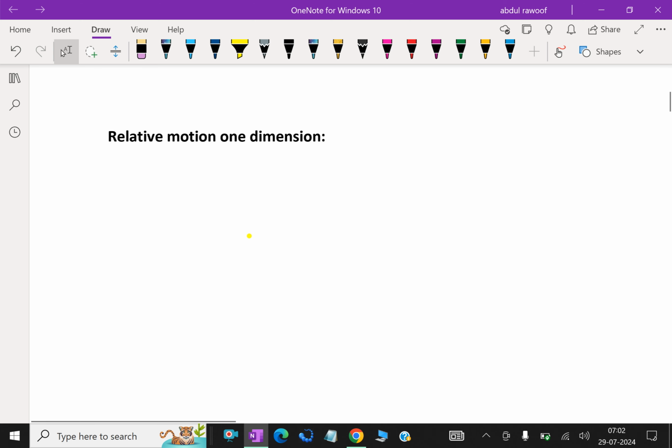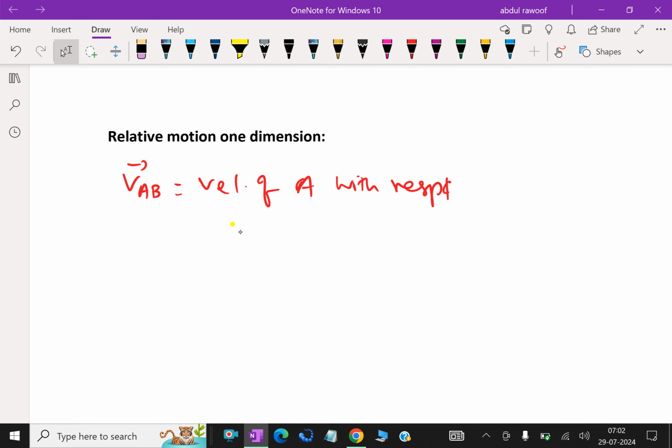So vector VAB means velocity of A with respect to another point B, which we can write as VA minus VB.